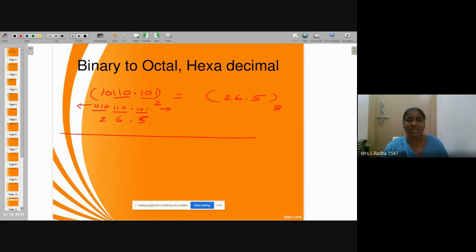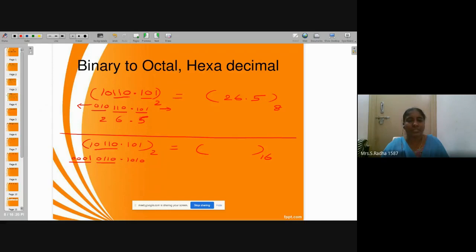If I take the same number 10110.101 in binary and want to convert to hexadecimal, you group 4 digits. To the left, 3 digits are short, so I can put 3 zeros to the left. This becomes 4 digits, 0001, then 0110, 4 digits.